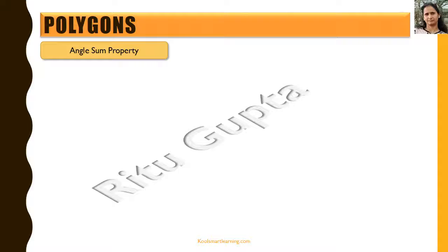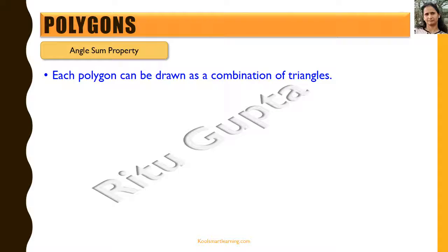So friends, let's now see what we understand by the angle sum property. Each polygon can be drawn as a combination of triangles. So let's first draw any polygon. We start with the minimum, the four-sided quadrilateral first. So if we see, this can be drawn as a combination of two triangles.